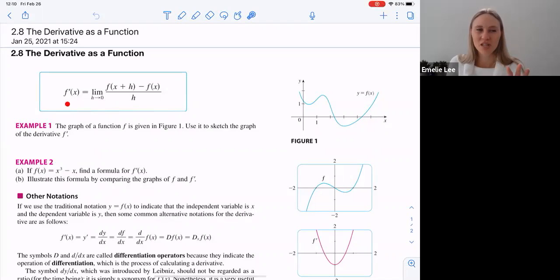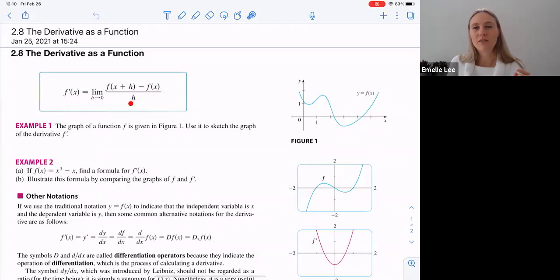The only thing that's changing here is that now I'm taking the derivative at any x. The limit as h goes to 0 of f of x plus h minus f of x over h should look quite familiar from 2.7.